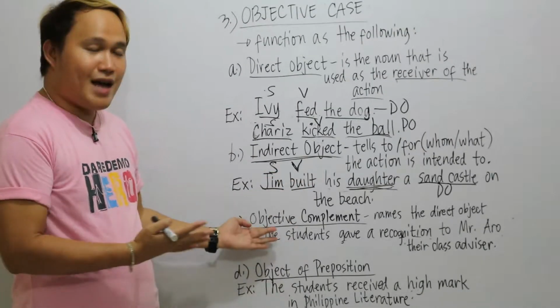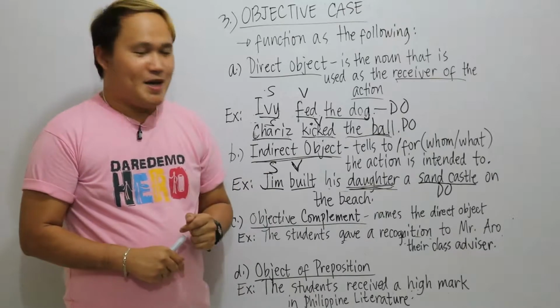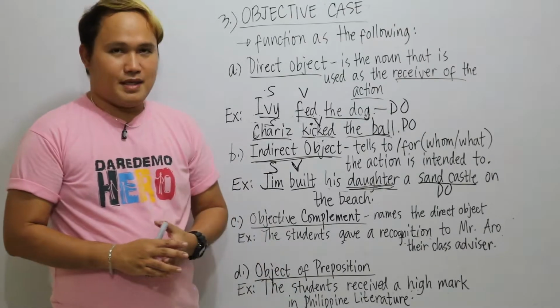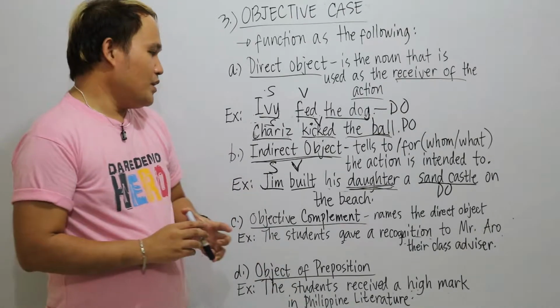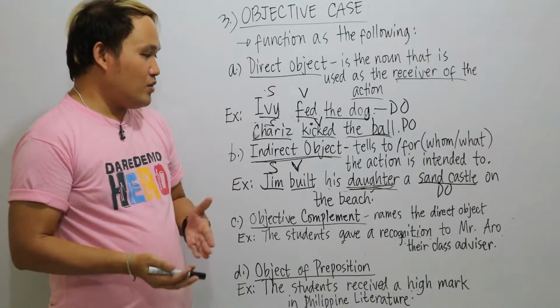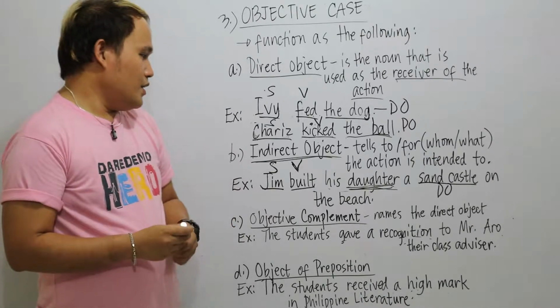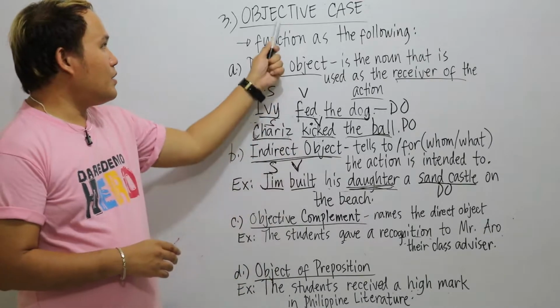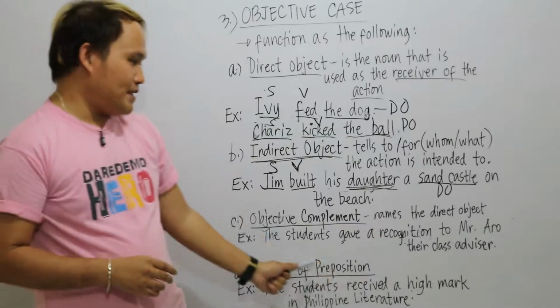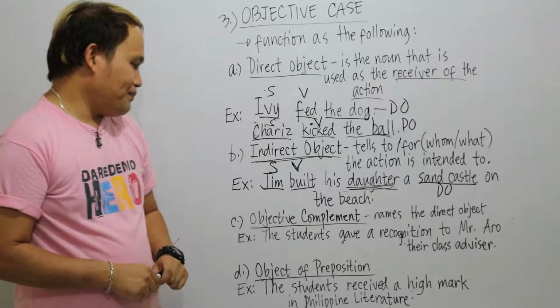Now let's move on to the objective complement. An objective complement is a noun that names the direct object. This is one of the functions of the objective case. It only names the direct object.